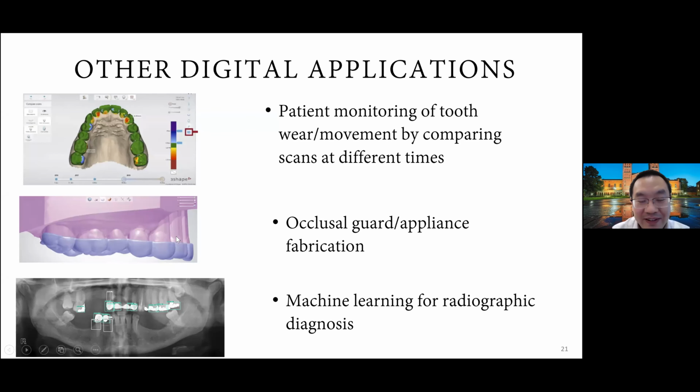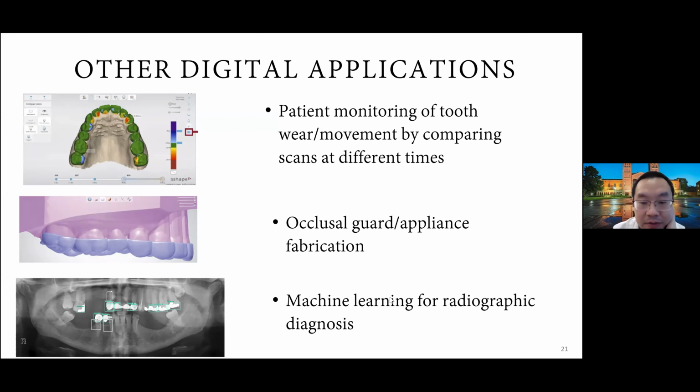Okay, and of course you can do the occlusal guard or any kind of occlusal appliances using this digital design software. And all you have to submit is basically an intraoral scan, full arch scan to the lab, and they take care of it. They can usually 3D print the appliance for you. Okay, a little bit more futuristic ones, not in practice right now.